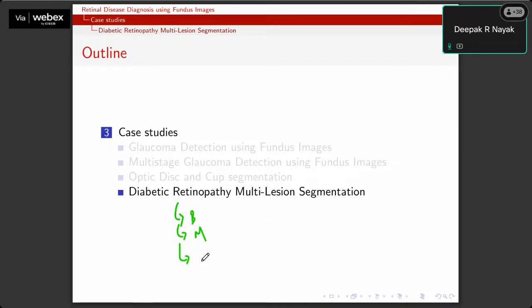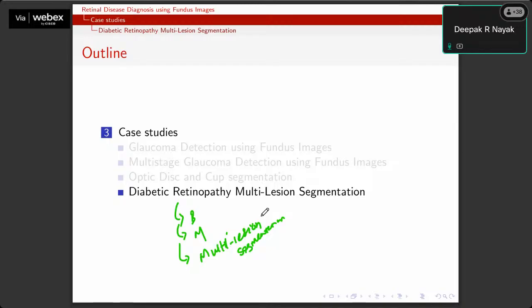And that is something called multi-lesion segmentation, because there could be different lesions that diabetic retinopathy may cause. We'll see them one by one, and then we will try to segment all of them using deep learning algorithms, of course.